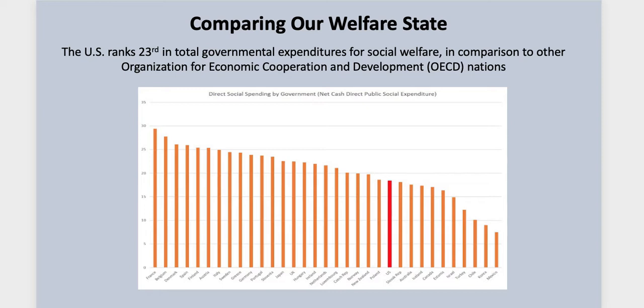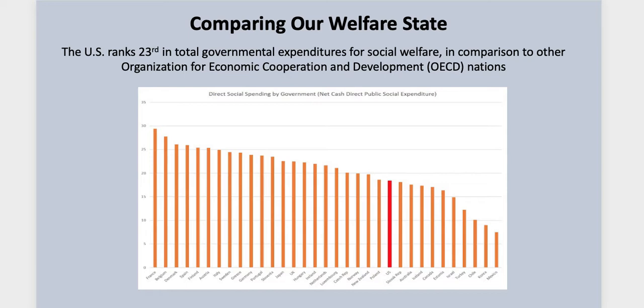And these are, I believe, a group of nations that really represent the most advanced and industrialized nations of the world. And you see here that the United States ranks 23rd in total government expenditures. At least the text says 23rd. I don't know if you count the number of bars. It may not be 23 down, but the point is there you see that red line.